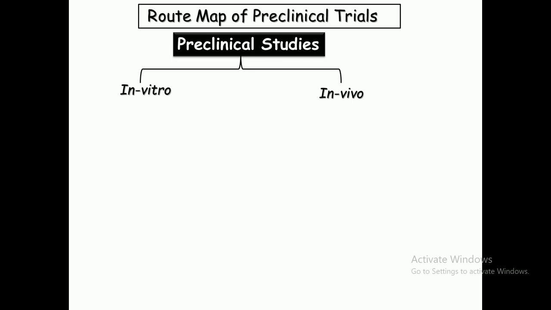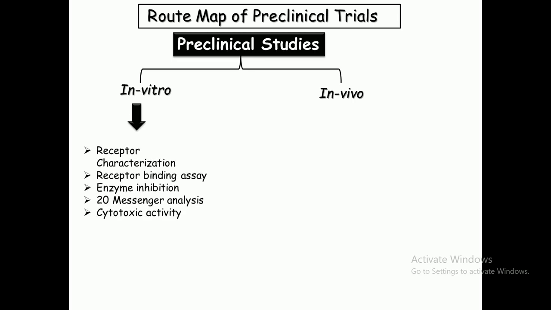It depends on what we are going to check, either pharmacological activity or safety. After finalization of the safety dose or range, we can call it the therapeutic index. In case of in vitro, I have put in a number of examples: receptor binding assay, enzyme inhibition, enzyme induction, and cytotoxic activity can be predicted by in vitro assay outside the body.